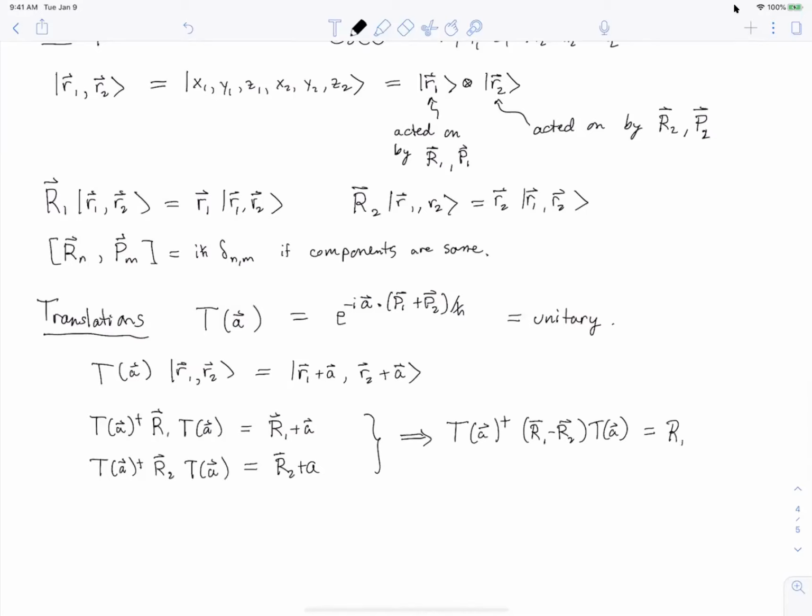So that says translations don't affect the difference in the vectors describing the positions of the particles.